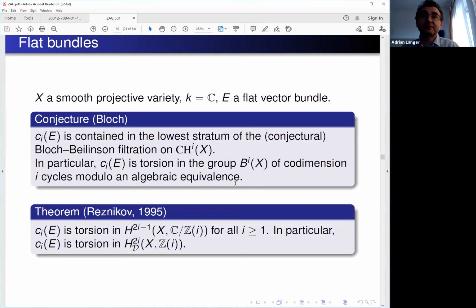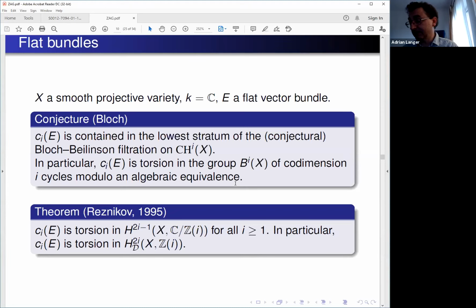The conjecture depended on some conjectural things, but if we look at Deligne cohomology, the conjecture was proven by Reznikov in '95. He proved that these Chern classes really are torsion in Deligne cohomology. And then one can lift them to classes in H^{2i-1} with coefficients in C/Z(i), and these lifted classes are also torsion. That's what he proved.